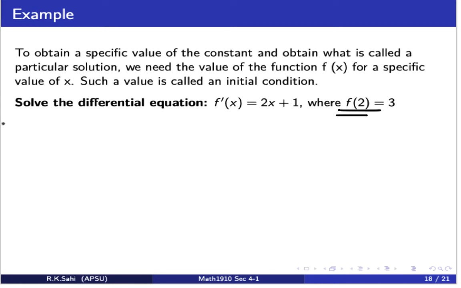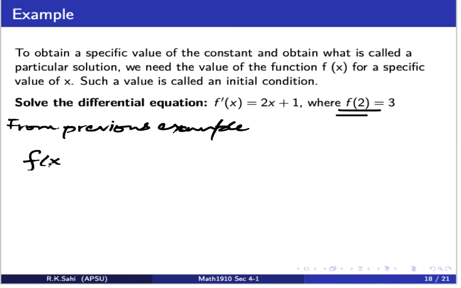From our previous example, we know that the solution to this one is f of x equals x squared plus x plus c. Just before this one we did it, guys. Now we want to find c for that. So when you find the c over here, we're just basically substituting.